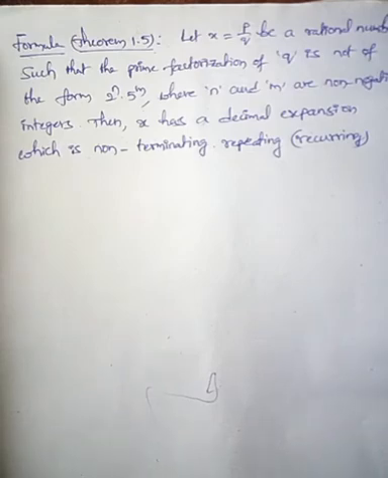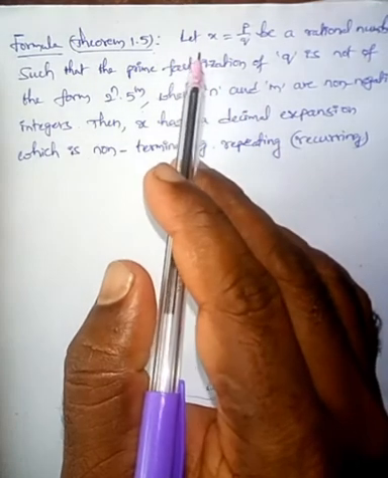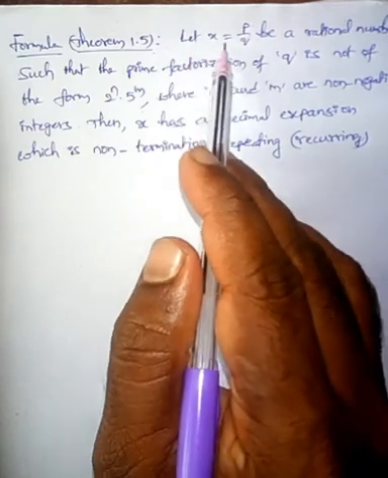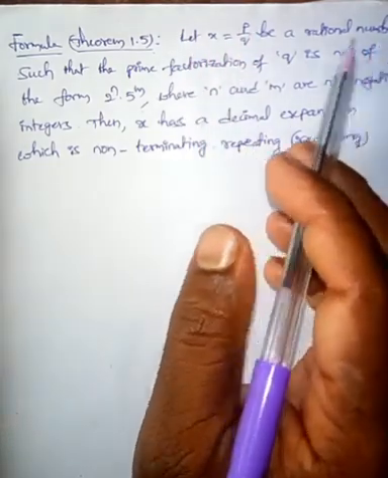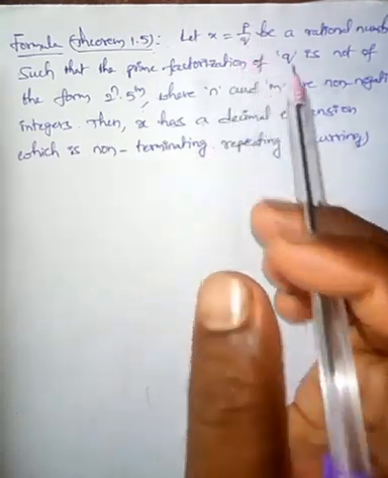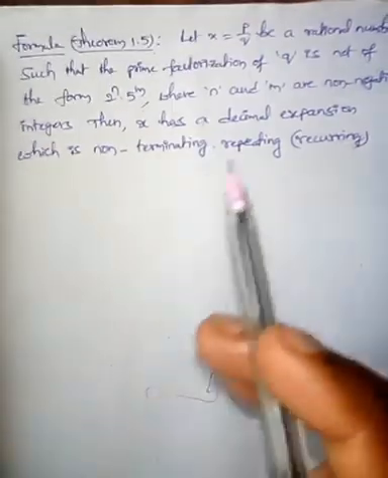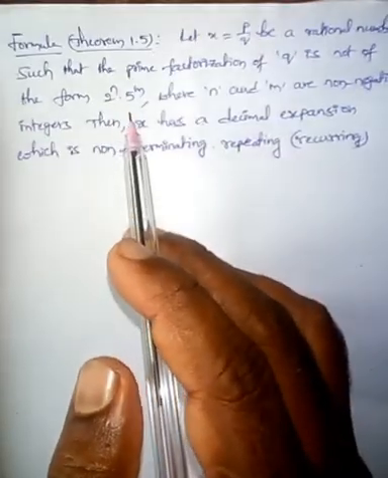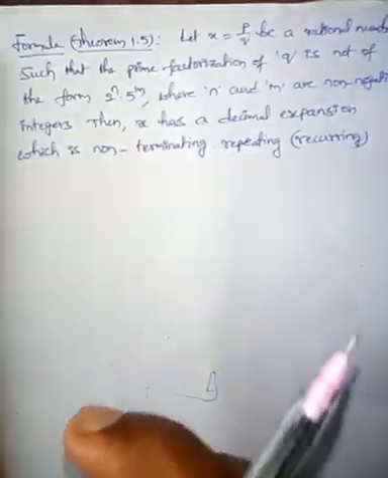And we have a technique for identifying the terminating and non-terminating decimals. Let's observe the technique. If x equal to p by q is a rational number, that means if any rational number is in the form of p by q, and if the prime factorization of q is in the form of 2 power n into 5 power m, then it will be a terminating decimal.